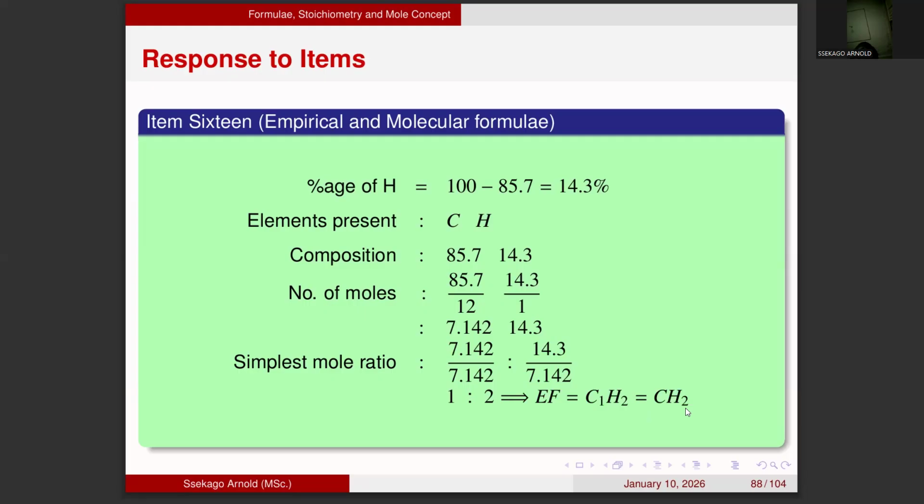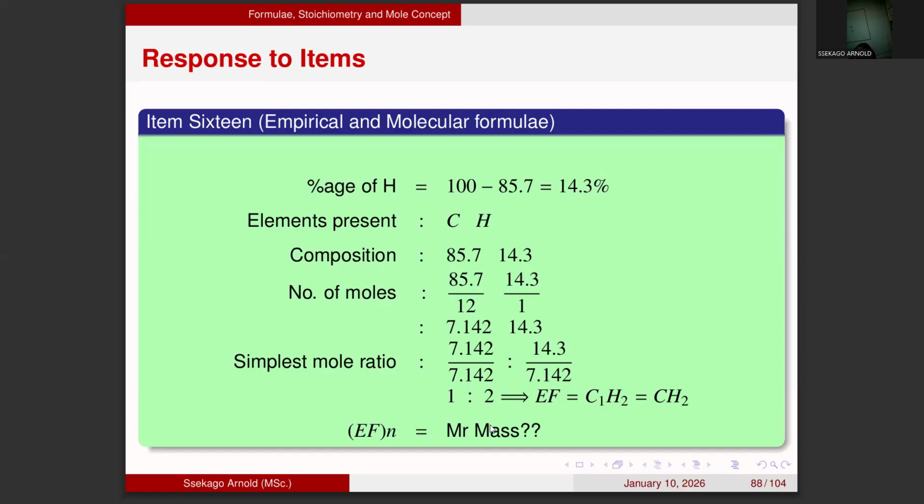Having determined the empirical formula, we proceed to determining the molecular formula. To determine the molecular formula, we use empirical formula times n equals molecular mass, but the item did not give us the molecular mass directly. Something else was given, the information I told you to take note of: 2.6 grams occupy a volume of 1.12 decimeters cubed.